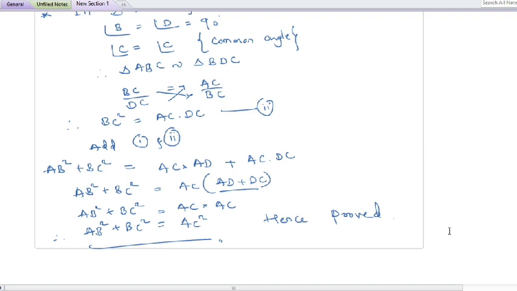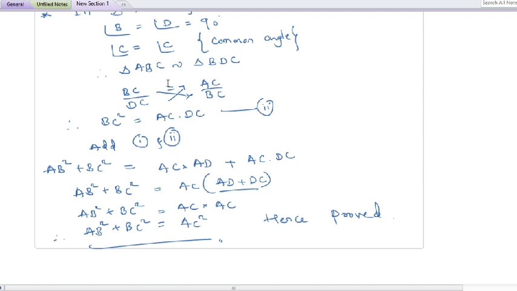So, add equations 1 and 2. By adding equations 1 and 2, we can write, LHS side plus LHS side, RHS side plus RHS side. So, we can write AB square plus BC square is equal to AC into AD plus AC into DC.